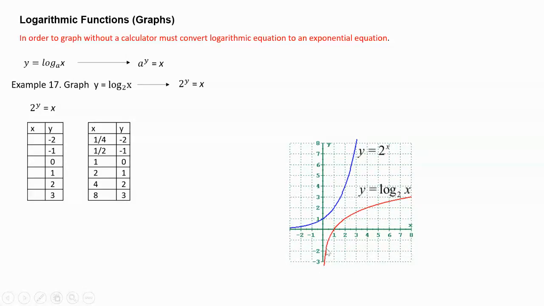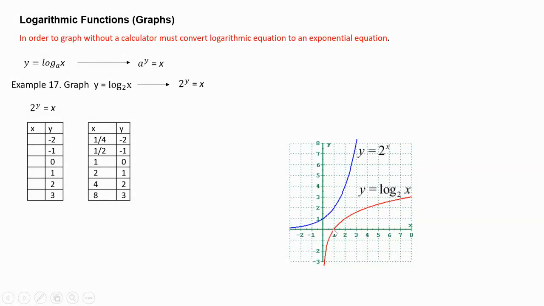But anyway, how do we graph the log? When x is 1/4, that means you're going to cut this first unit into 4 equal parts. So 1/4 will be out right here, so it's going to give us -2. When x is 1/2, it's going to give us -1.